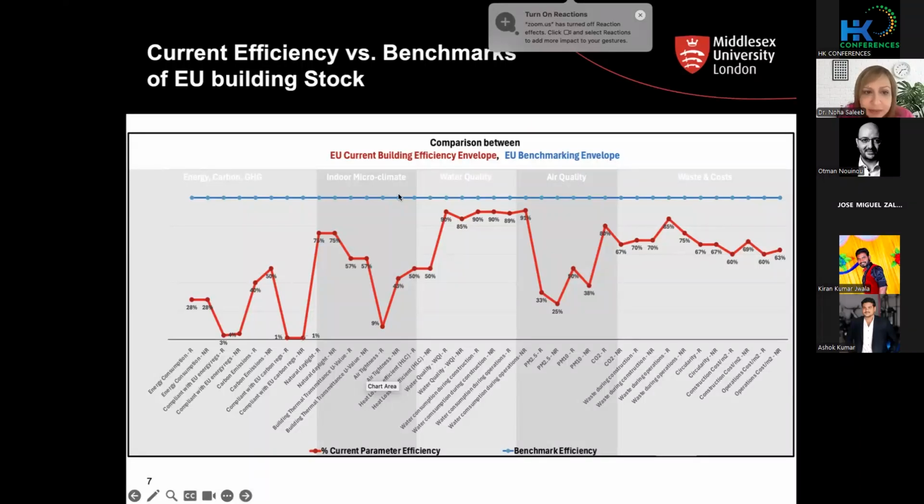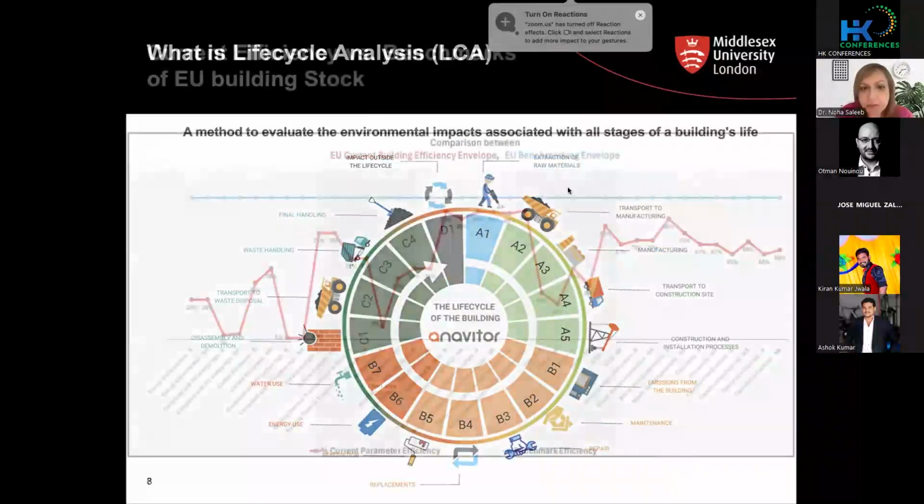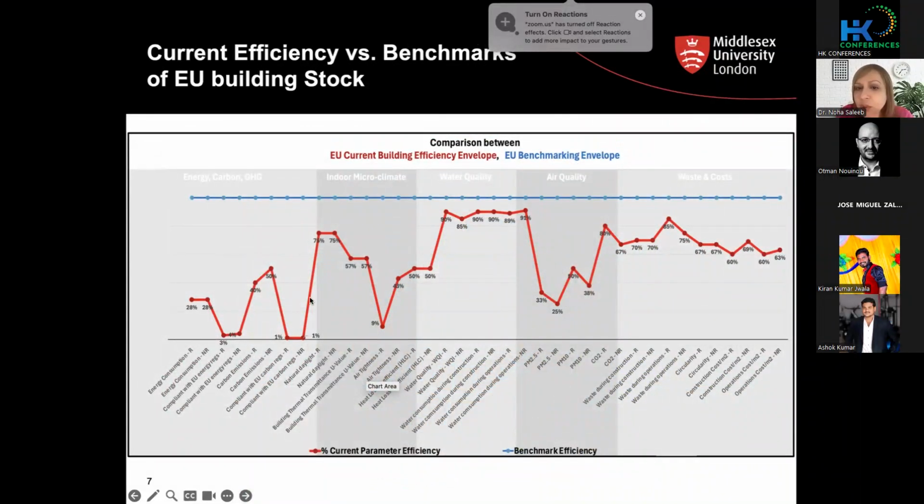If you look at the blue line up here, which is basically the benchmarks that are required by the European Union, for example, since I'm in Europe at the moment, and the red line shows you how efficient current buildings are in comparison to the benchmarks that the EU require in carbon and energy, in indoor climate conditions like U values and air tightness and daylight and lighting and temperature and so on, water quality, air quality, pollutants, and wastes and costs.